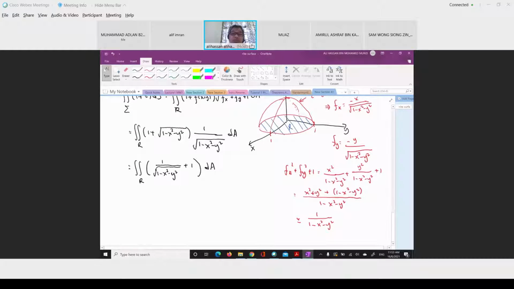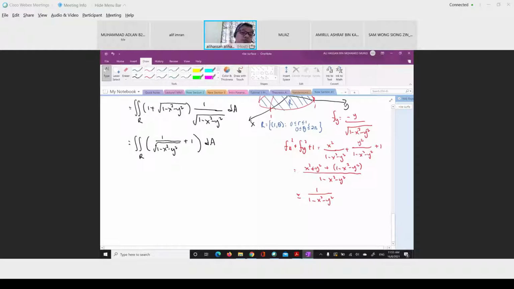So that means we can use polar coordinates again. R consists of all polar coordinates where r is between 0 and 1, and theta is between 0 up to 2 pi.